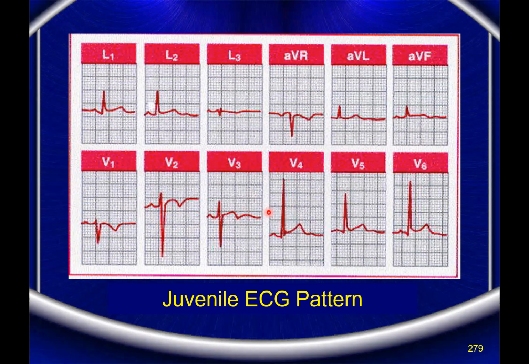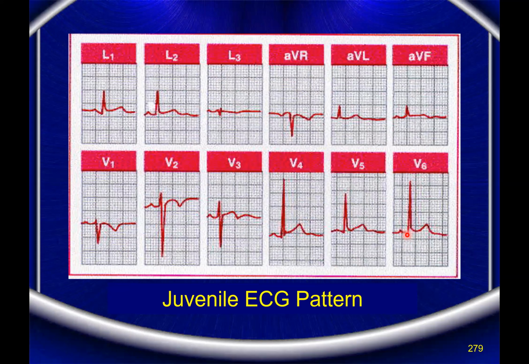And generally, the V6 R wave and V1 S wave together, normally if it is more than 35, it is left ventricular hypertrophy. But that criteria in children and juvenile ECGs doesn't hold good. You have to use other criteria.